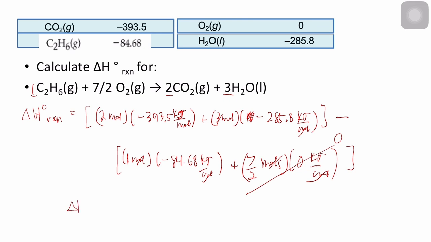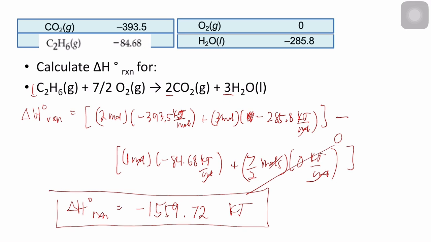We can get the standard enthalpy of the reaction for the combustion of ethane as, get the answer as negative 1,559.72 kilojoules. Okay, that will be the enthalpy of the reaction for ethane.